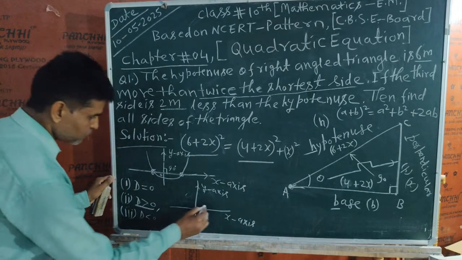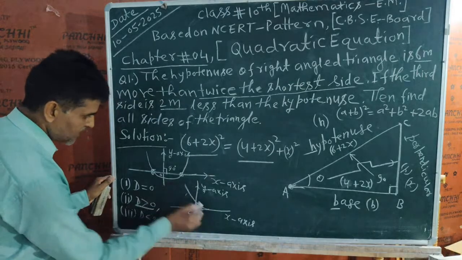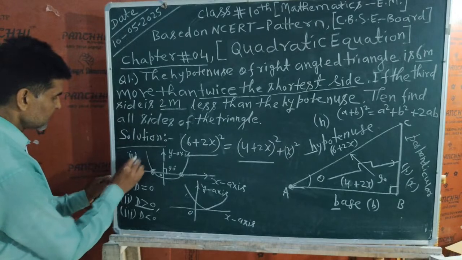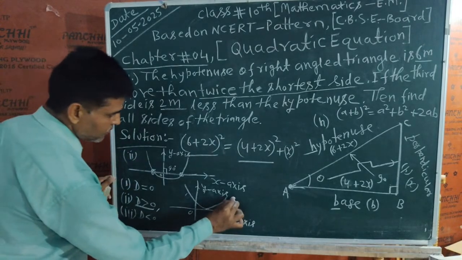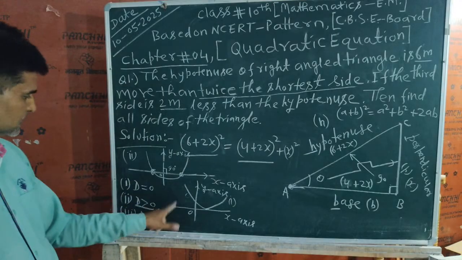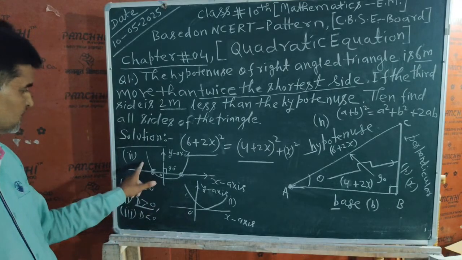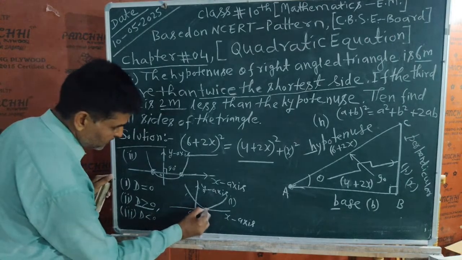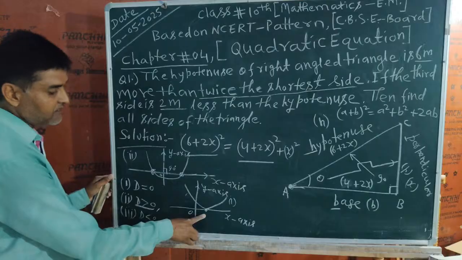So I will say both roots will be at one point. So this is the second condition, and this is the first condition, because here both roots are touching at a point and both roots will be real and equal.